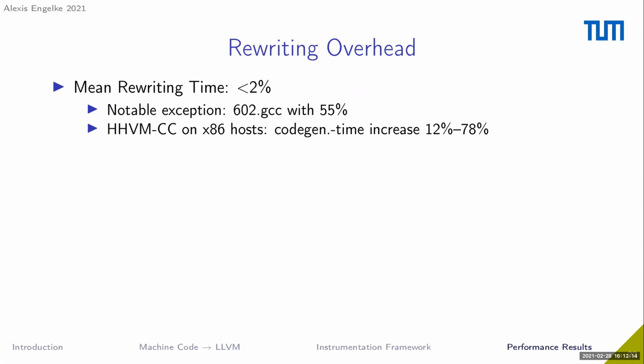So this is one point where writing time matters, and also for the HHVM calling convention, which I mentioned previously as an optimization, where many more register constraints are added to the compiled code. The code generation time also increases between 12% and 78%. I haven't dug into why this is the case, but I assume that the register allocator gets slower if it has more pressure.